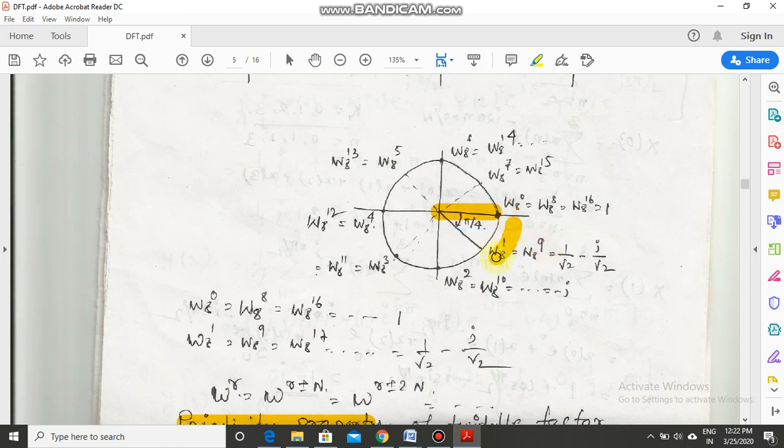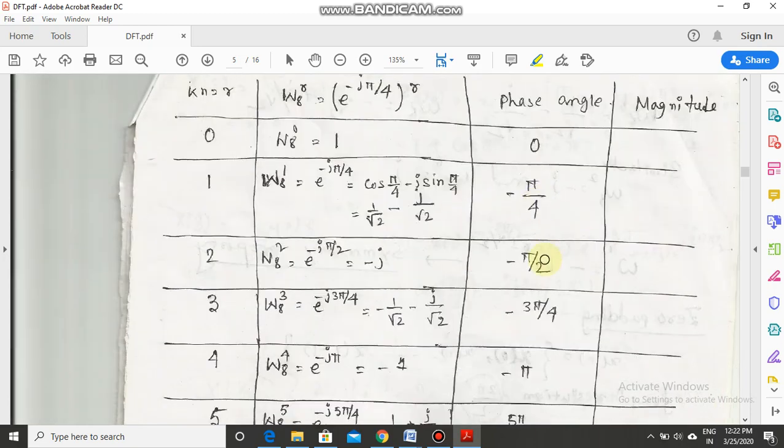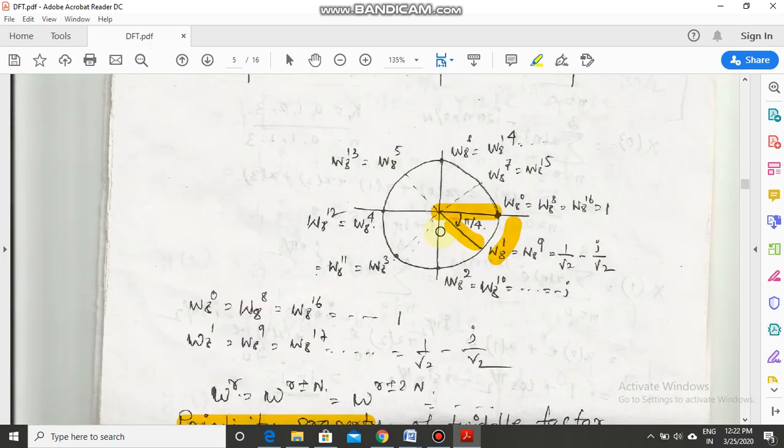This is nothing but W8 of 1. The next is again minus pi by 4 with respect to the previous one, so this is nothing but W8 of 2, this is W8 of 3, W8 of 4, W8 of 5, W8 of 6, W8 of 7. Okay, and all the magnitudes are 1, as we know that mod of this becomes 1.